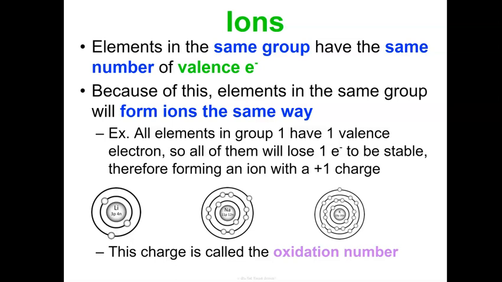So because they have one valence electron, they're going to give up one electron, which means they'll form a +1 ion charge.